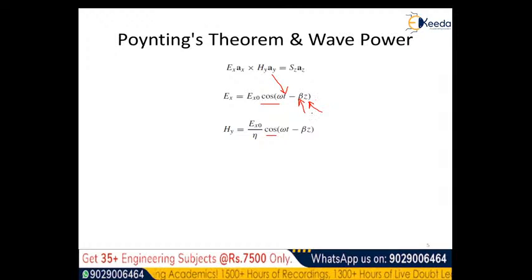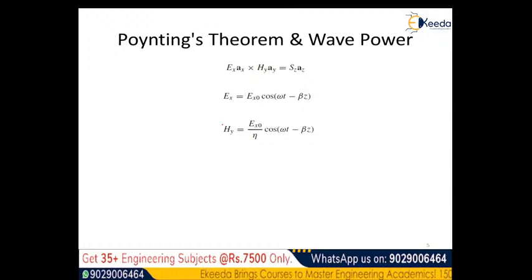Similar is the case for representing the magnetic wave, and eta denotes the intrinsic impedance, which is basically the ratio of the two field intensities, electric field intensity and magnetic field intensity. So we have equations number 16 and 17 representing the E and H field amplitudes.